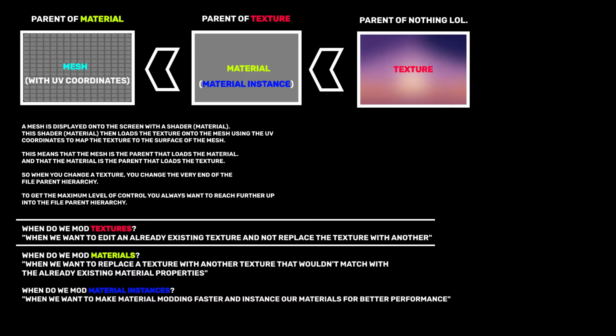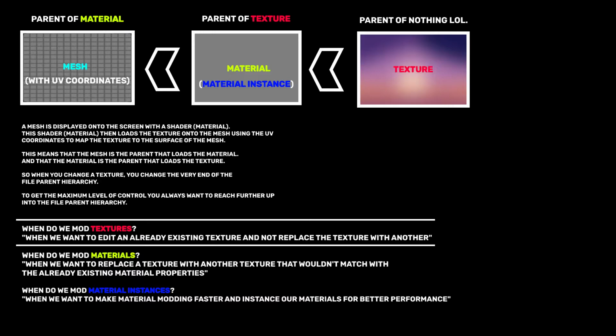Right. So when do we mod textures? We mod textures when we want to edit an already existing texture and not replace the texture with another texture. What does that mean?